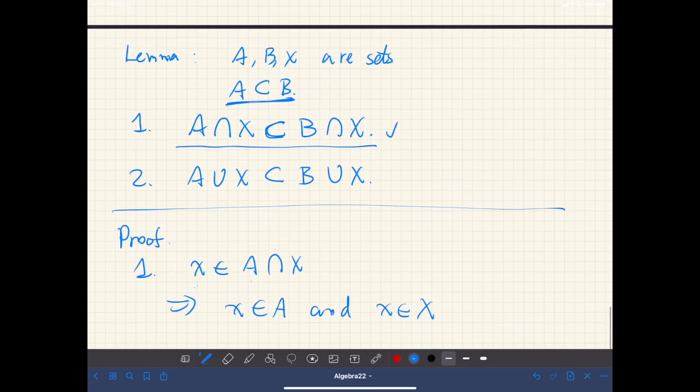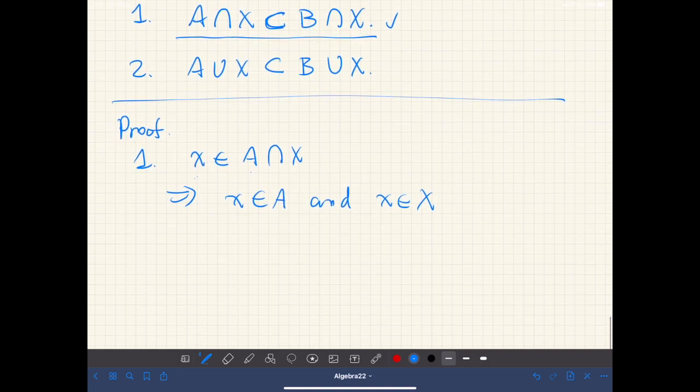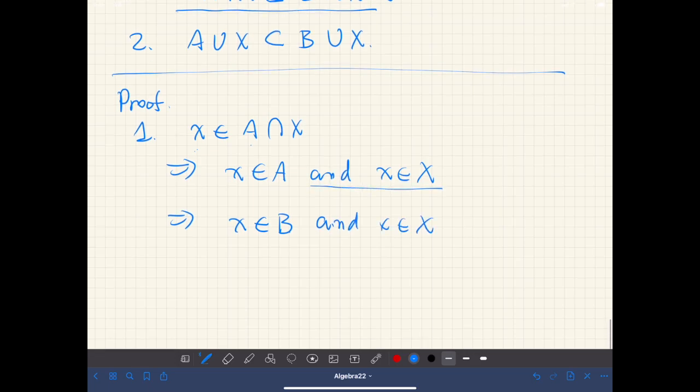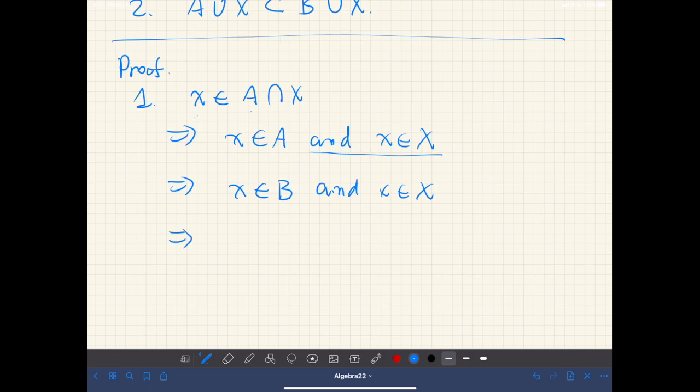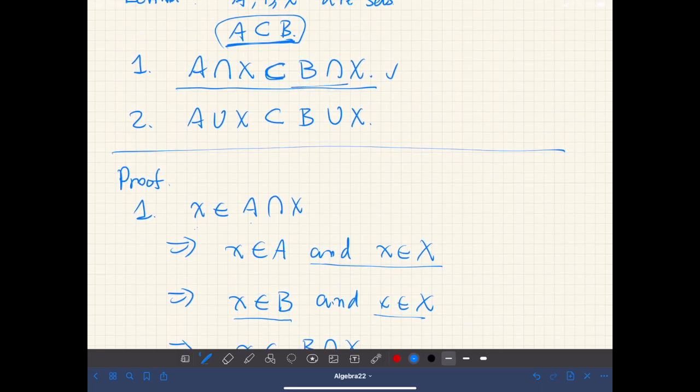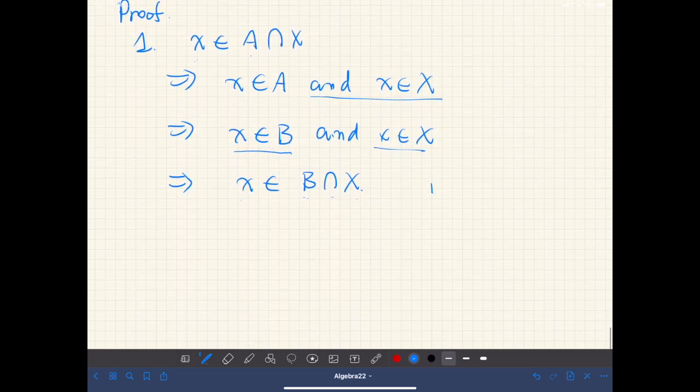But since A is a subset of B, we have x is an element of B. And of course x is still an element of X. But this is actually the definition of B cap X. So x belongs to both B and X. Therefore x is an element of B cap X. That's what we wanted to prove, so the proof is done here.